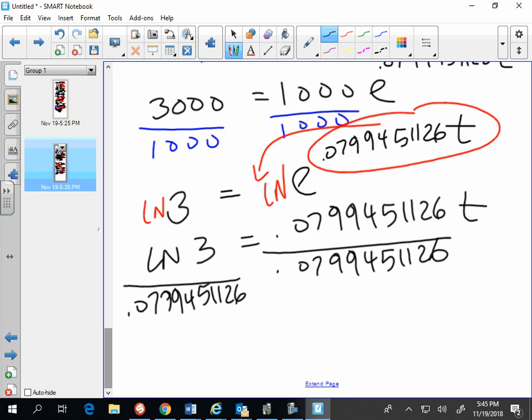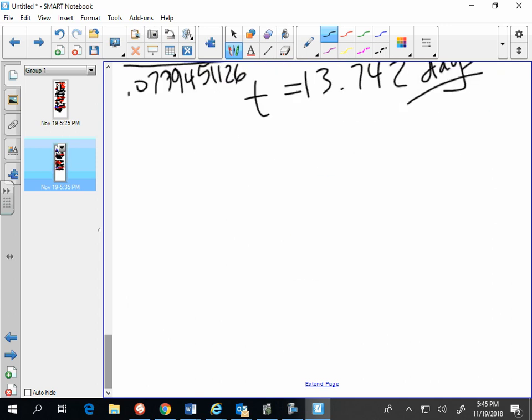Well, what time do we get when we do that? ln of 3 divided by that rate. I get t equals 13.742. And remember the units on weevil population growth was measured in days, not years. So after 13.742 days, we'll triple our original population. Less than 2 weeks to triple the original population. Watch out for the weevils.